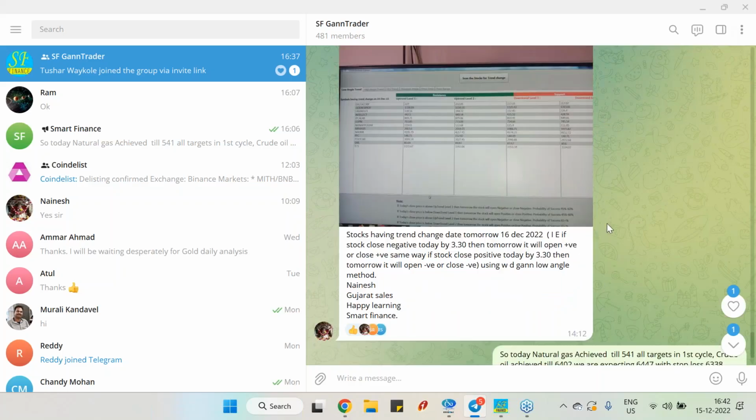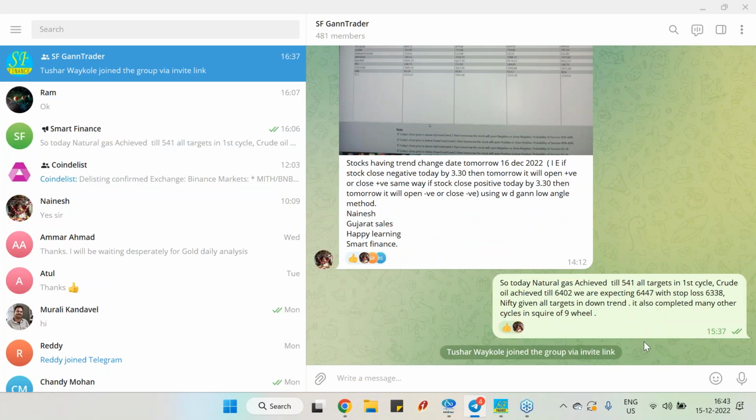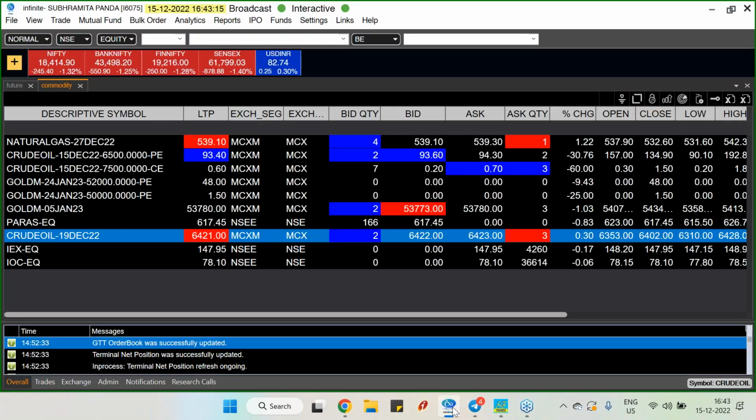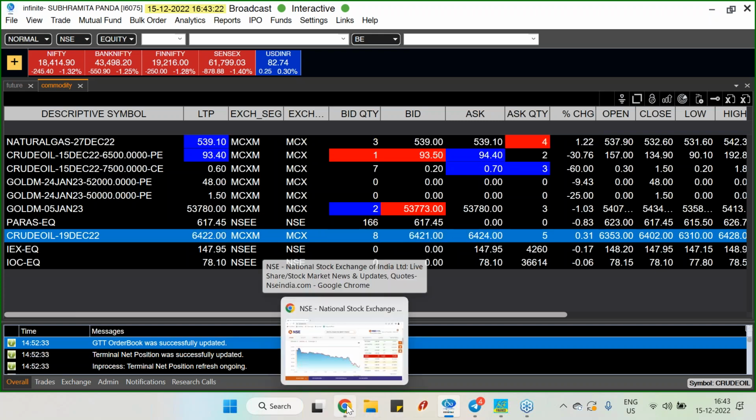All these useful things we are giving in this. Natural gas also we have given; we projected the 541 level, and it has come. Now again I told here, we are expecting the 6,447 level in crude oil, and it is at 6,423 now. These levels are very valid.